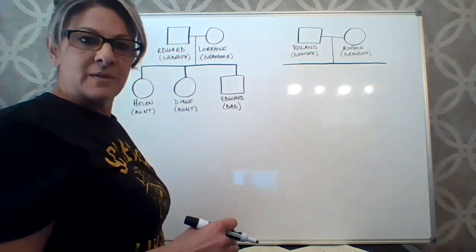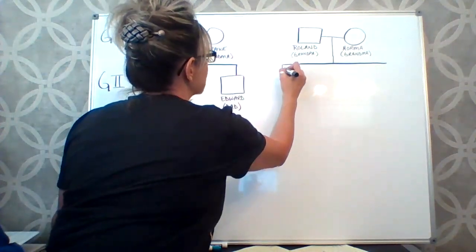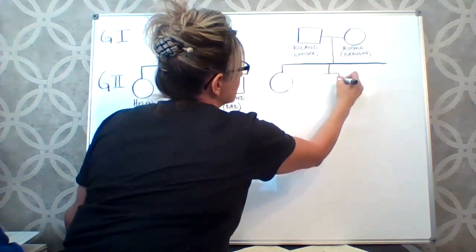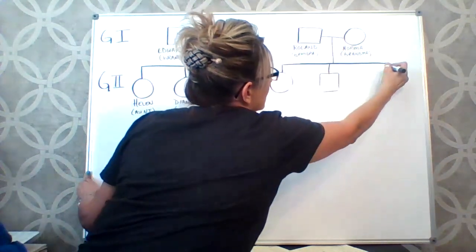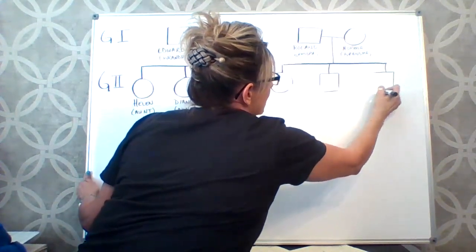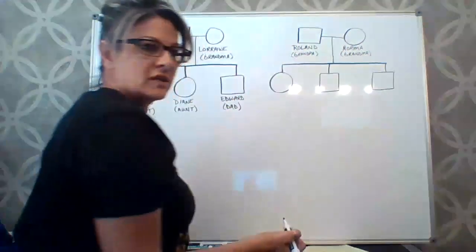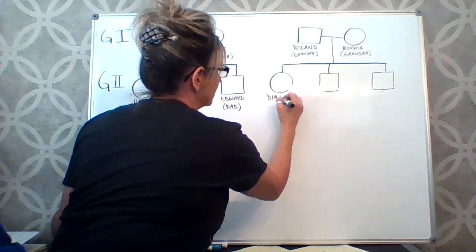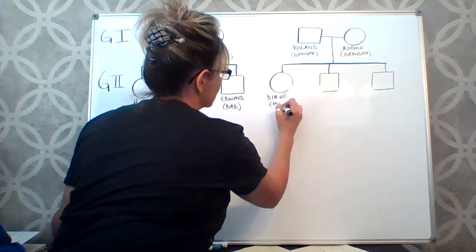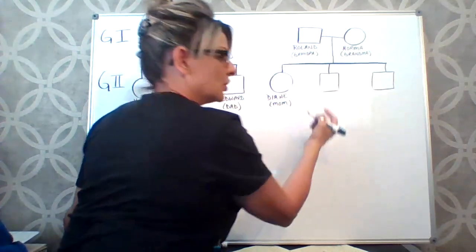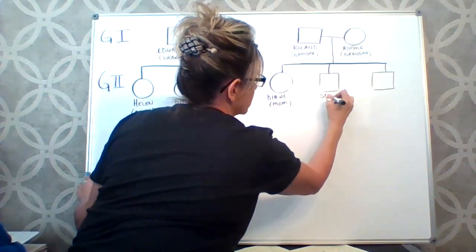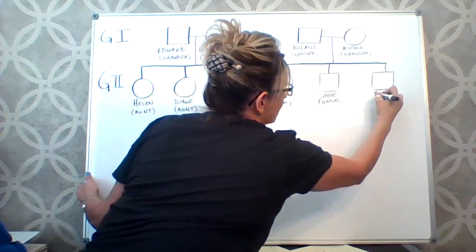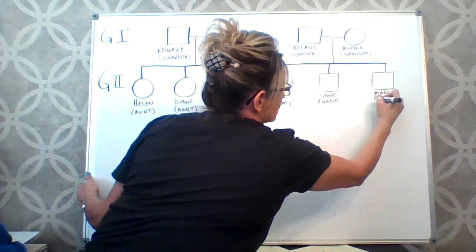My mom happened to be the oldest of those children, so she is going to go on this end. And then we are going to draw in her 2 brothers. And because, again, they are boys, they are going to be a square shape. So this here is my mom. This also happens to be named Diane. This is my mom. And then her two brothers, we have Steve, who is my uncle, and we have Mark, that is my uncle.